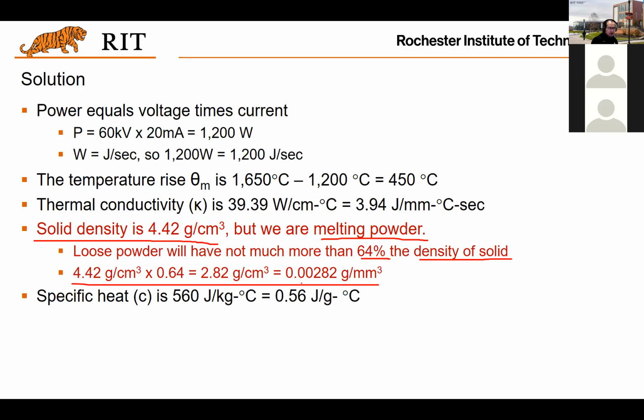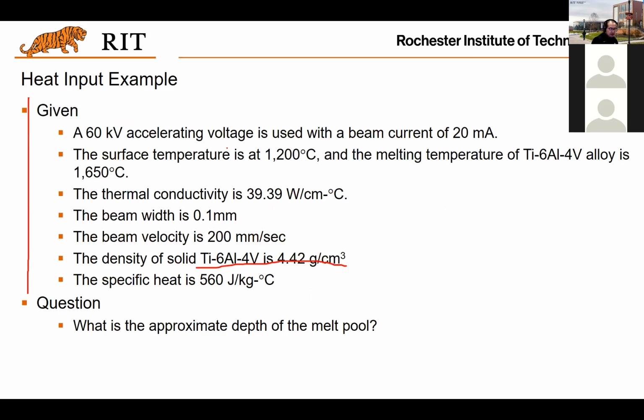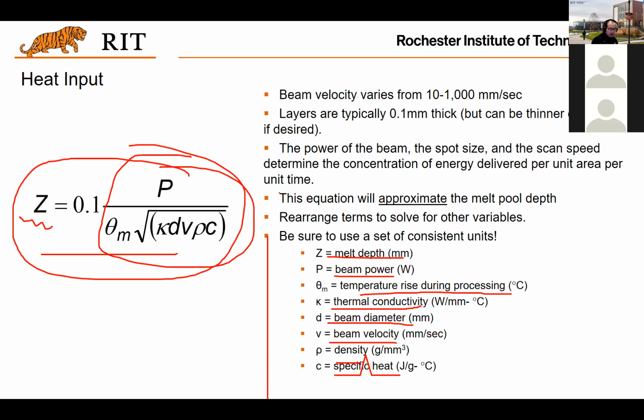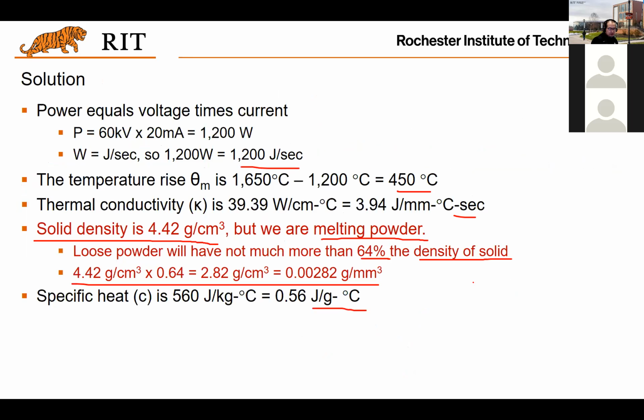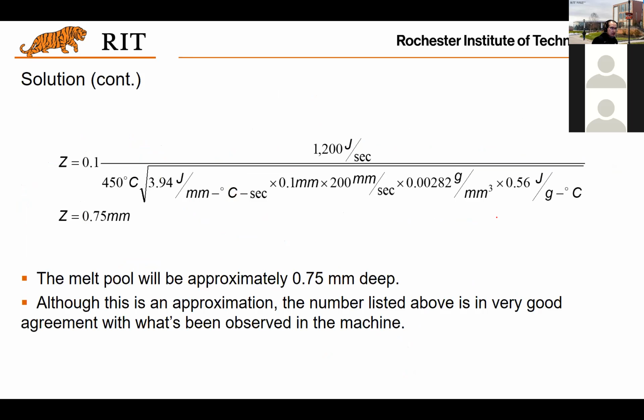And again, make sure the units are the ones you need by checking this requirement, and do the necessary conversion such that the units are the ones required. And then you will have your number, which is this, right? That's how you compute the melting pool depth.